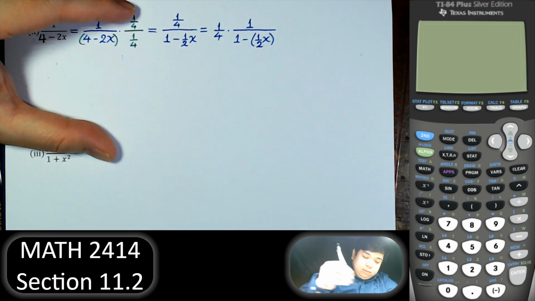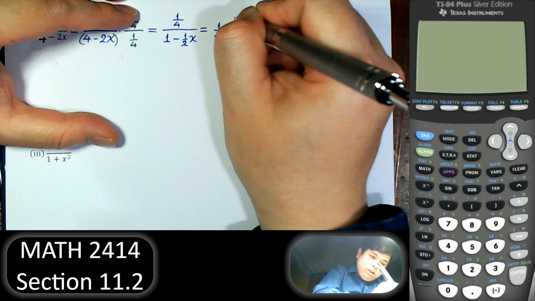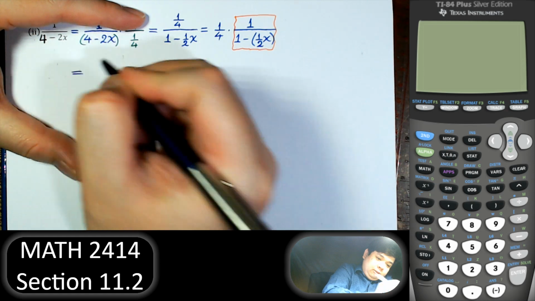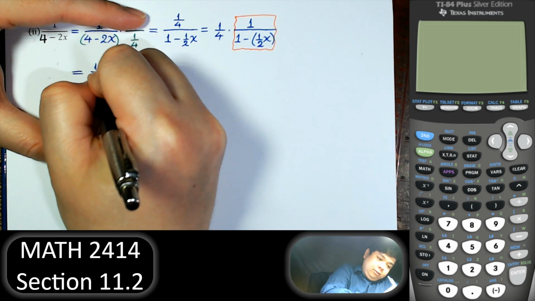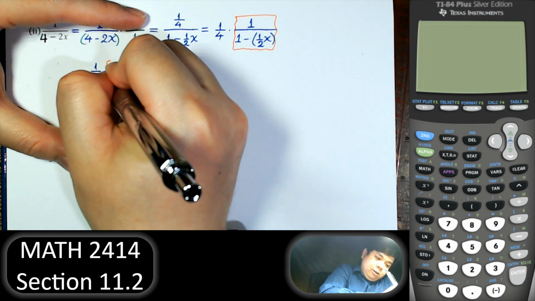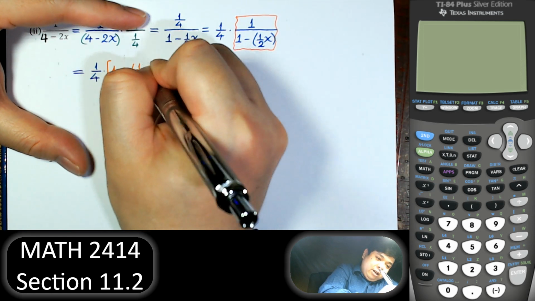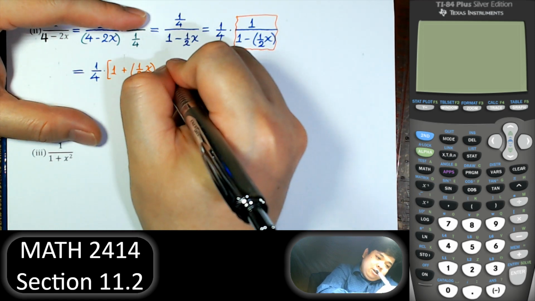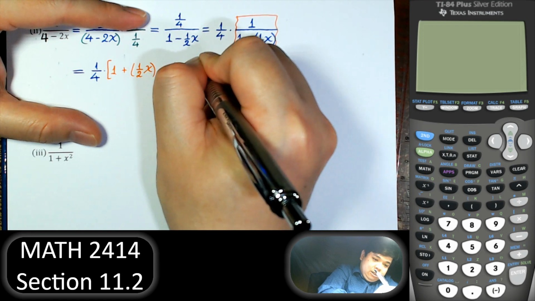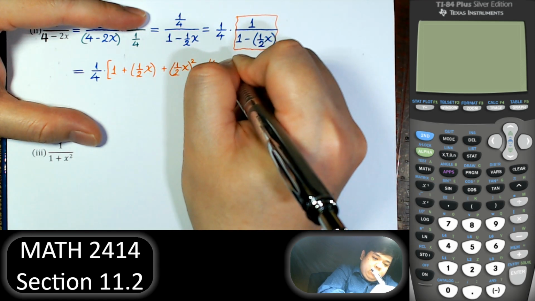So now we can write this as a power series: 1 plus 1/2 x plus 1/2 x squared plus 1/2 x cubed, and so on.